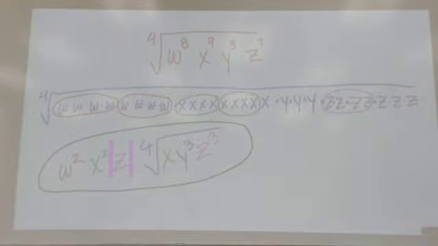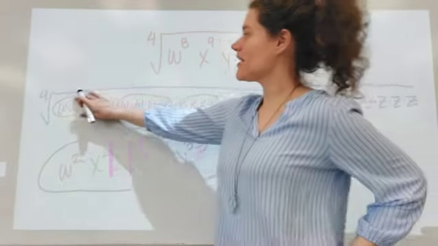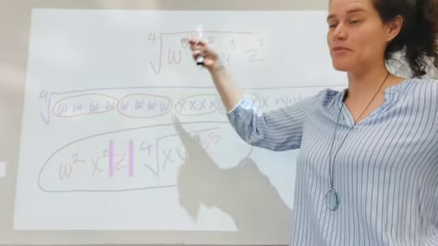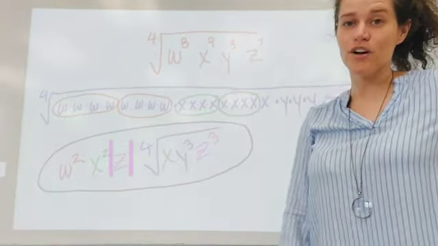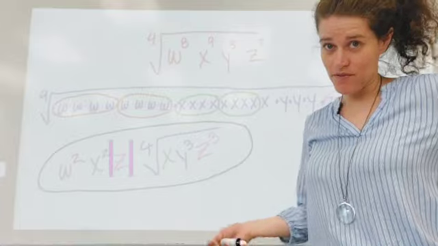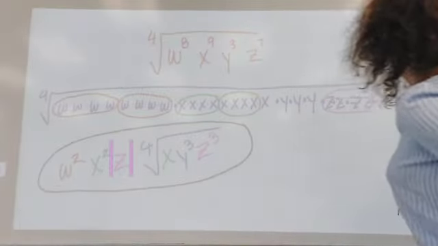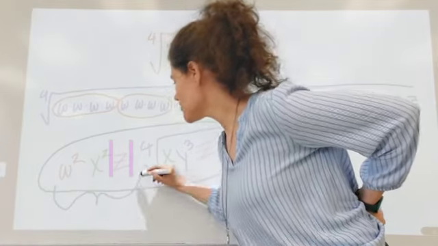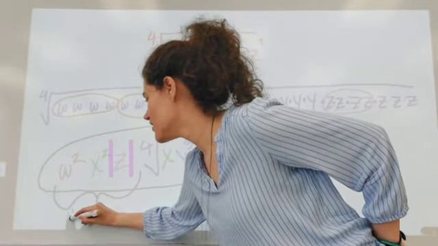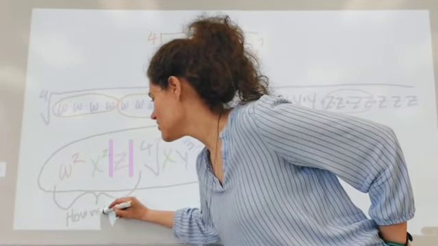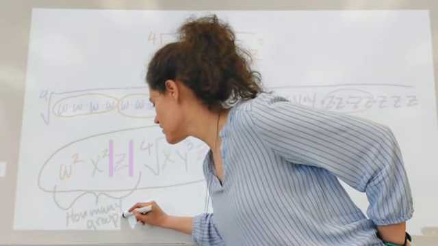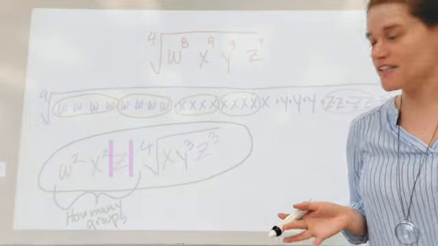All right, but you don't always have to write all of this out. You can just look at the numbers you've got and think about how many groups are in each number and then what's left over. So on the outside here, this is going to tell me how many groups of whatever my index is.